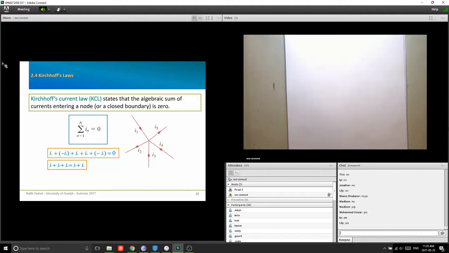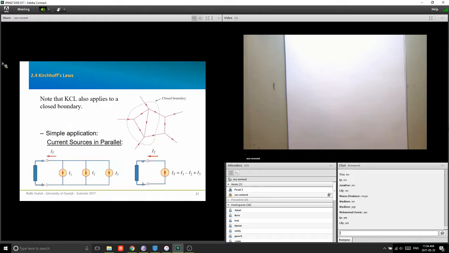And we discussed this analogy with current flowing through a wire or through an element, the similarity between that and water flowing through a pipe. If you have a number of branches coming together at a node, then you have to sum all the currents going into that node. That has to be equal to the sum of all the currents leaving that node. So we did that last time.